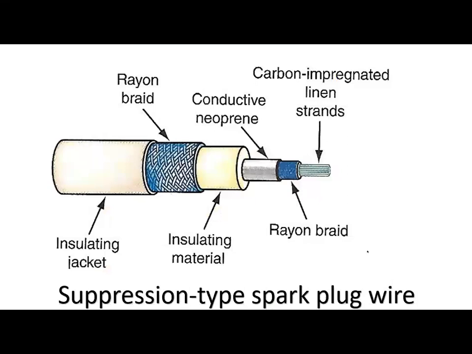Most vehicles are equipped with spark plug cables that contain a resistance to provide television and radio suppression, or TVRS. These wires have a conductor in the center that contains carbon impregnated linen strands. The conductor is surrounded by a double braid and insulating material.